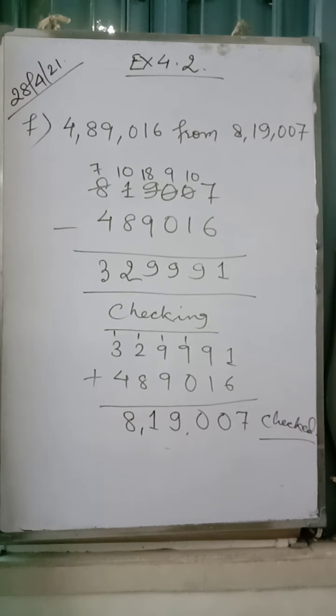So this way we have to do question number 4.2. Then 4.3 you have to do it in the book only. You have the numbers. You can see the middle column is given and you have to fill the upper column 1000 less, 10,000 less and 100 less, and the down column 1000 more, 10,000 more and 100 more.